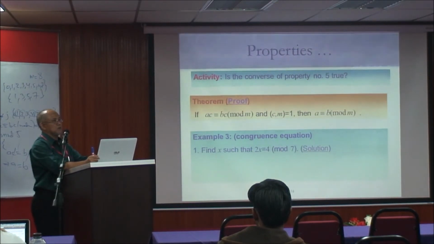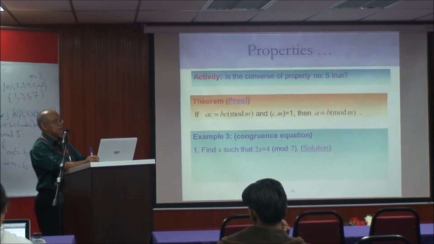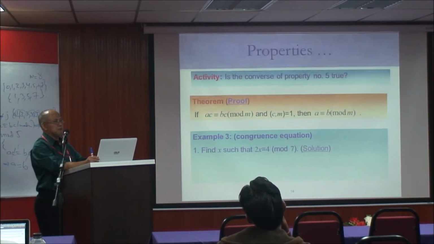So what do you do with a congruence equation? You solve it. What do we mean by solving a congruence equation? Finding x that satisfies it. Let's say we have the congruence equation 2x congruent to 4 mod 7. We are looking at integers that satisfy the equation, and not any integers, but the integers in the set of the complete residue system.